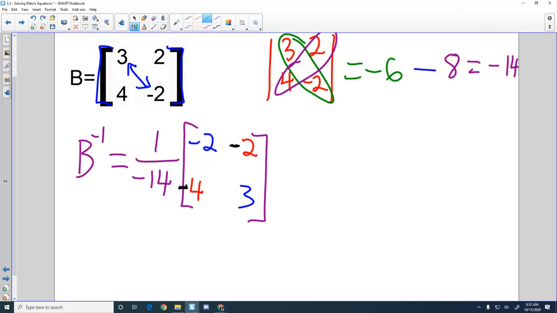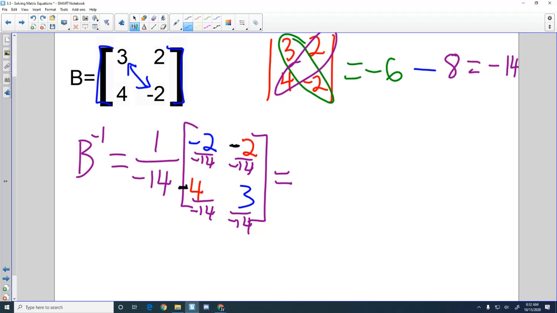Now, I know you're thinking fraction, that's gross, but this will always have a 1 on top, which means there isn't actually any multiplication going on. Whatever's on the bottom, like this is divided by -14, we just do that to every single element inside the matrix. So if I wanted to take this one step further and write it as an actual 2 by 2 matrix without anything in the front, I could just divide every one of these numbers by -14.